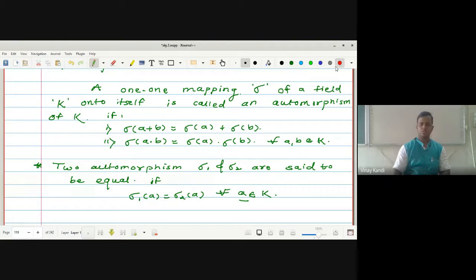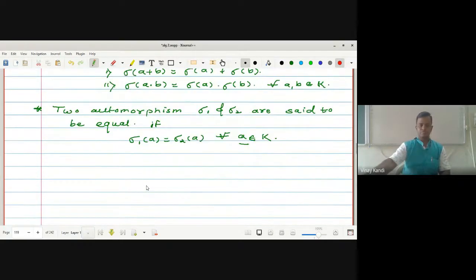Now some notes on automorphism. Write down these notes.